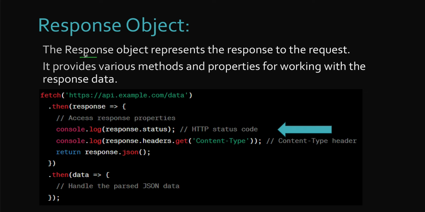The response object represents the response of the request. It provides more methods and properties to work with the response data. For example, if you say response.json, from the stream it will get the object in JSON format so that we can read the data and populate our UI.